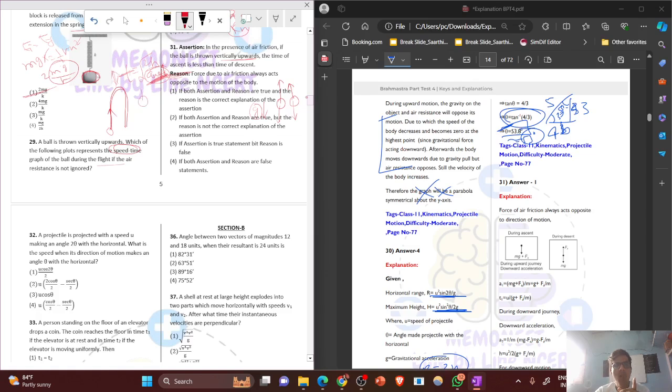So when it is going upward, the drag force is in the downward direction, and g is also in this direction: mg plus this. In this case, a net is more, and if a net is more, t is less. But when it is going downward, mg is downward, but the force of viscosity or drag is opposite. A net is less, so time is more. So assertion is correct, reason is also correct, and reason is the explanation of assertion. So option first is the correct answer.